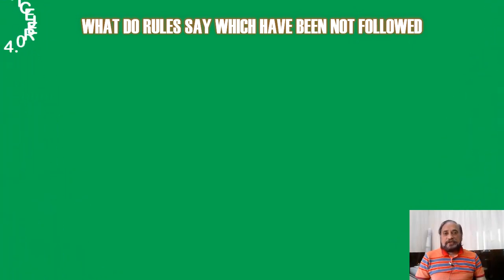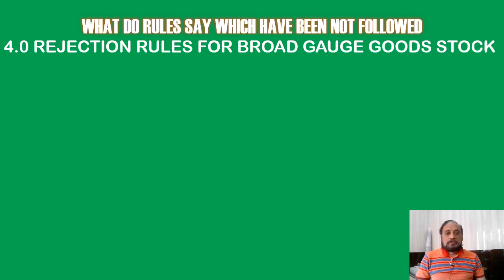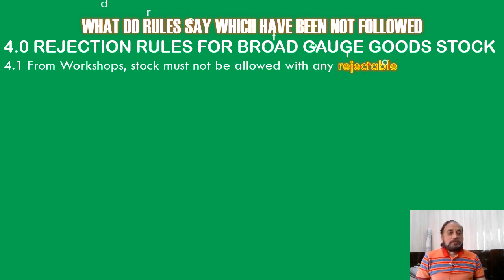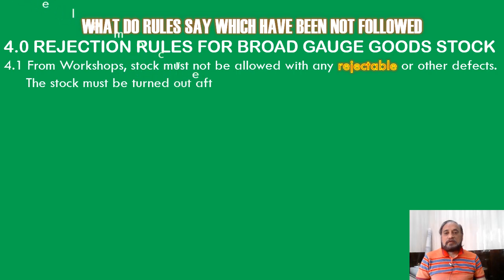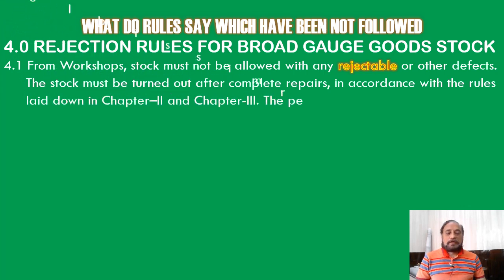What do rules say which have not been followed? Chapter 4, Rejection rules for broad gauge stock. From workshop, stock must not be allowed with any rejectable or other defects. The stock must be turned out after complete repairs in accordance with the rules laid down in chapter 2 and chapter 3.